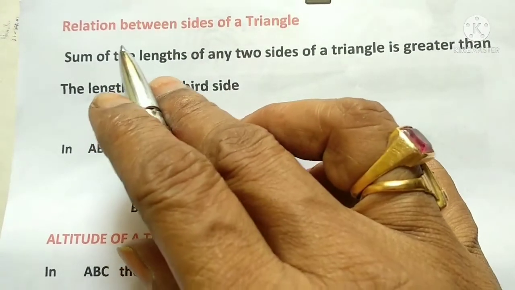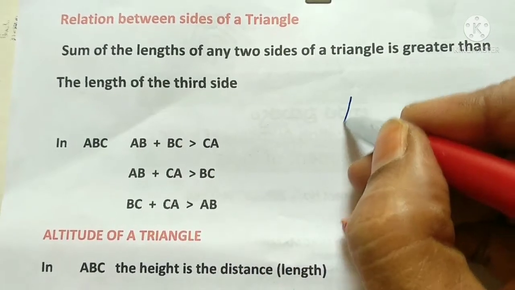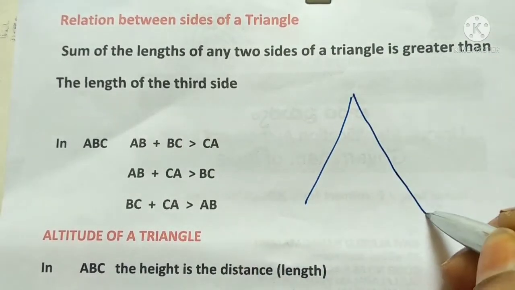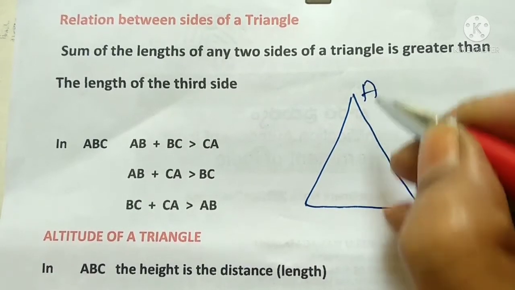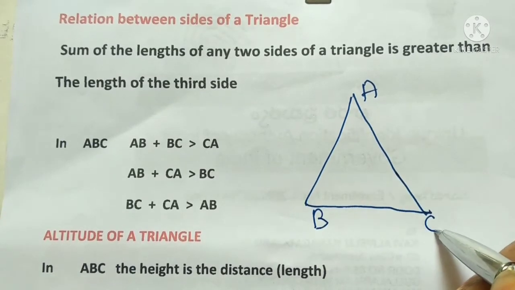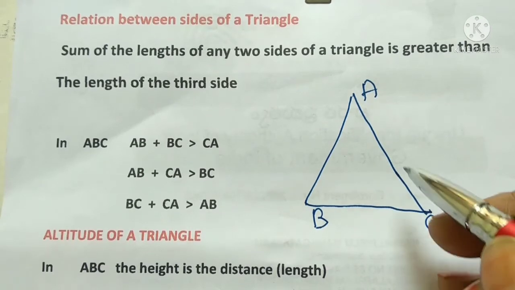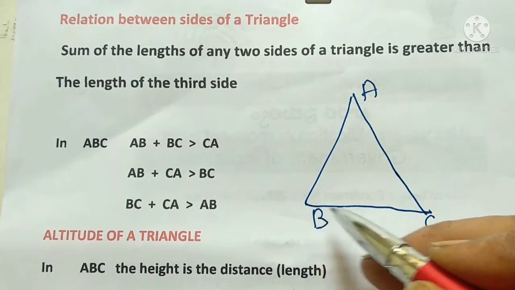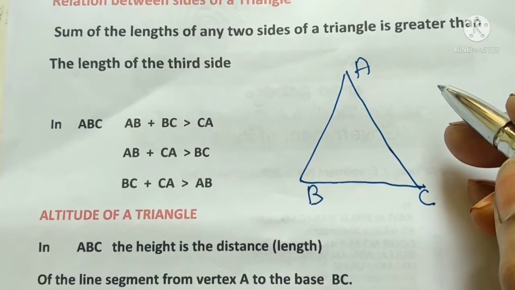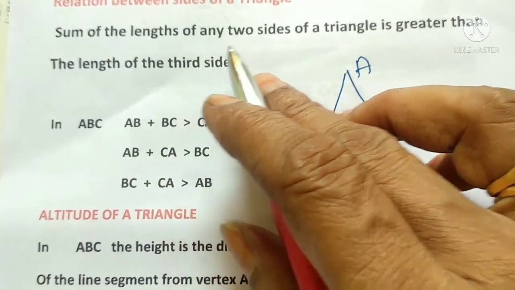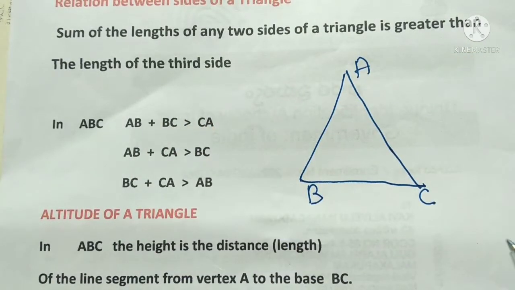Now let's see what is the relation between sides of a triangle. Now we have a triangle here. Let us say I am drawing a triangle. This is A, B, and C. It has three vertices A, B, and C, and three sides AB, BC, and CA. So, what is the property? The sum of the length of any two sides of a triangle is greater than the length of the third side.